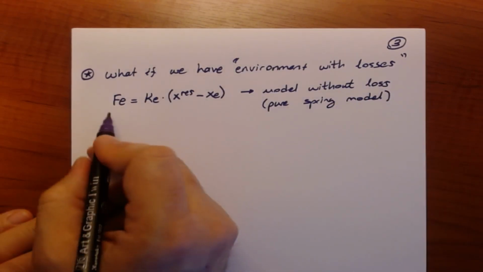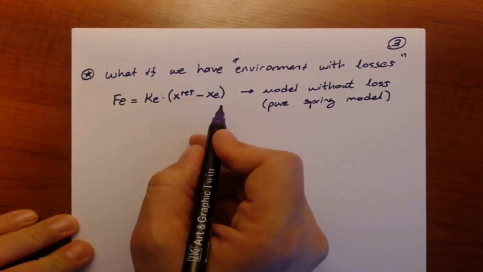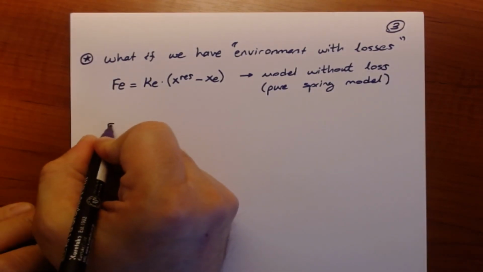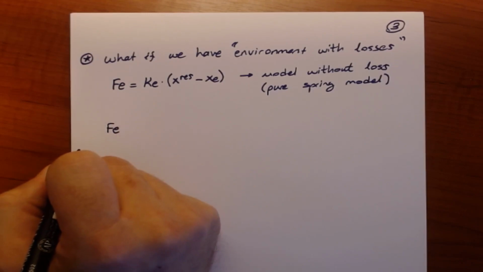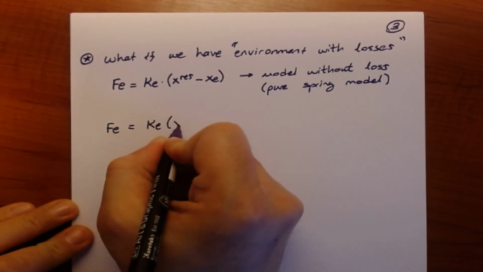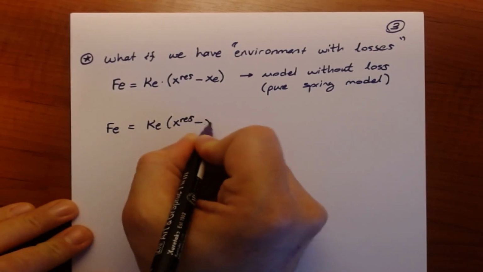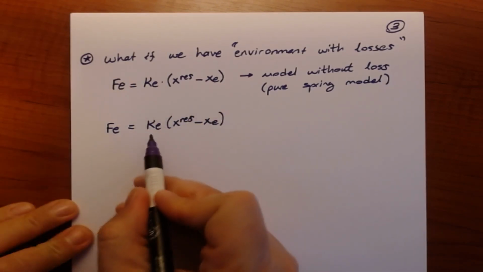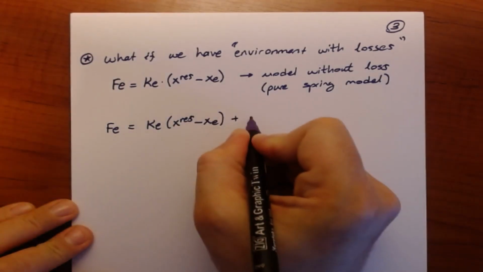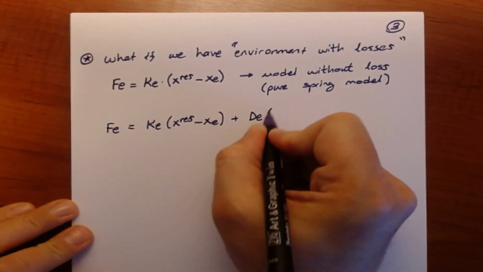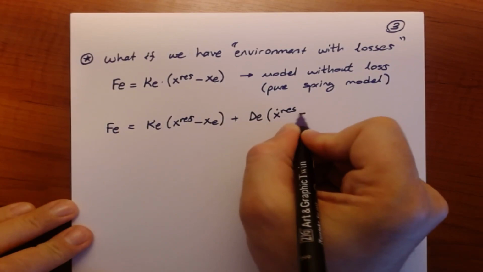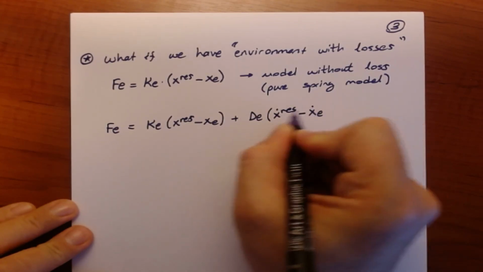Now, if we change this and get a little bit closer to what happens in reality, we have to modify the environment force as this one: Ke times x response minus x environment. So this is stiffness times the deflection in the environment plus environment damping times x dot response minus xe dot.